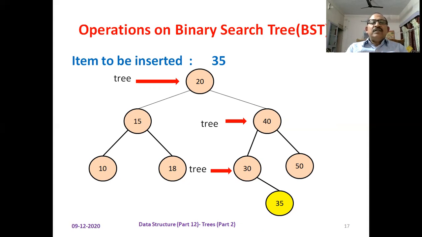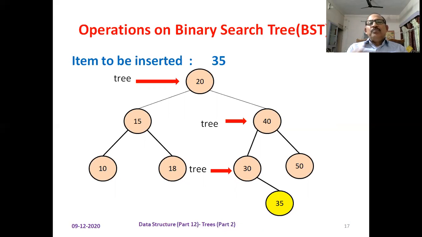How will we add this 35? First, we will compare this 35 with the tree data. 35 is greater than 20, so we will call the insert node function with parameter tree right comma item. Tree right now points to the 40.